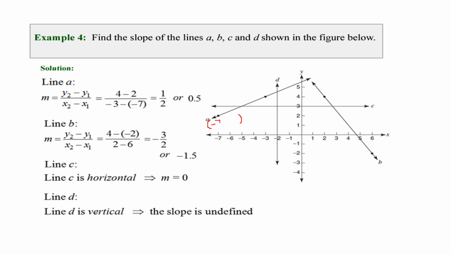So always we need to think about x, then y. And the point meets the y-axis at 2. So negative 7 comma 2 is the coordinate point. And similarly the next point meets the x-axis at negative 3 and the y-axis at positive 4.